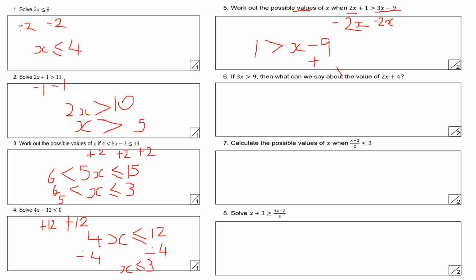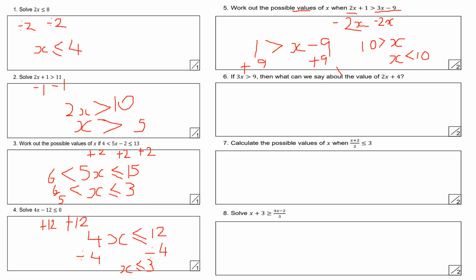I'm now going to add 9 to both sides. 1 plus 9 is 10, so 10 is greater than x, or I can rewrite it as x is strictly less than 10.